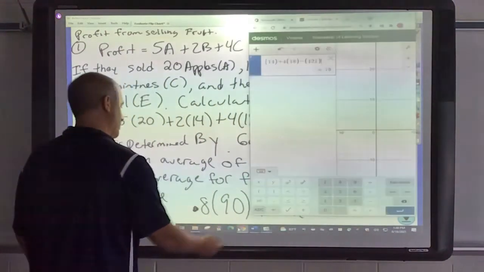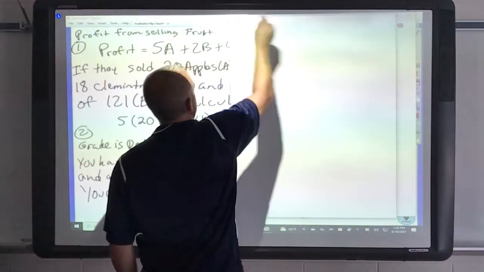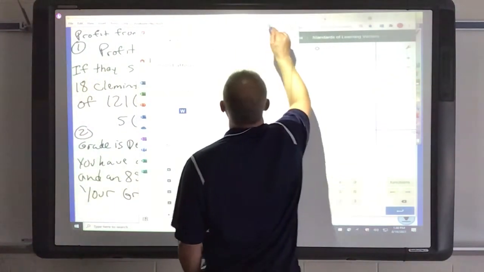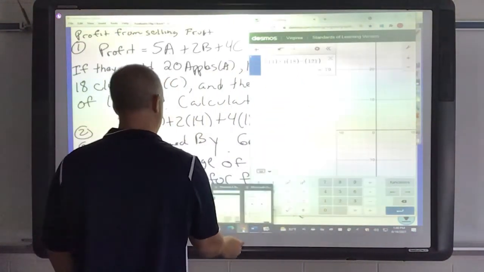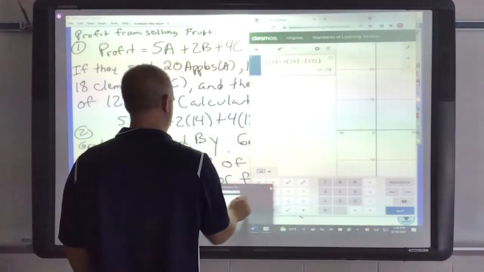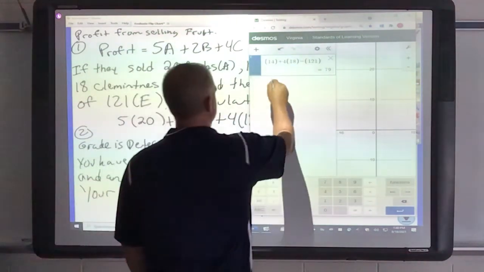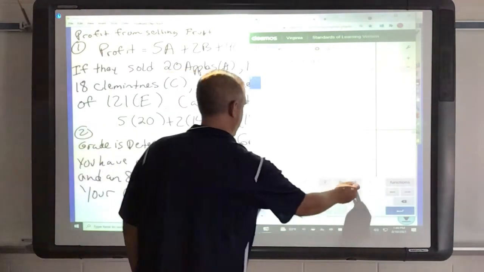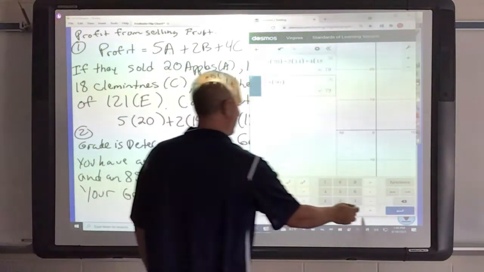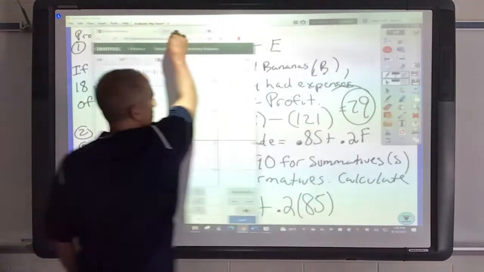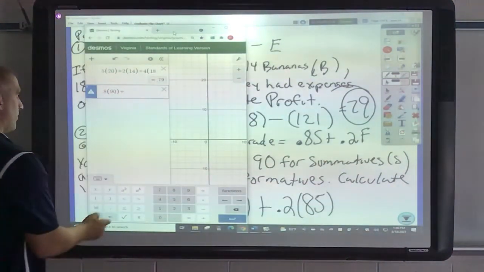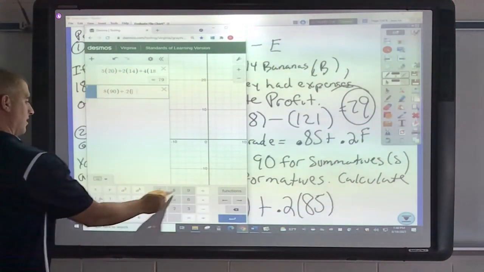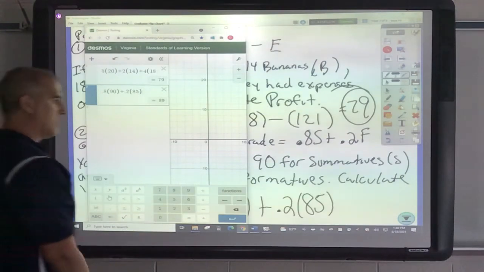That's all you have to do. Use your Desmos to calculate it. So 0.8, 90, plus 0.2, parentheses 85. Your grade's an 89.